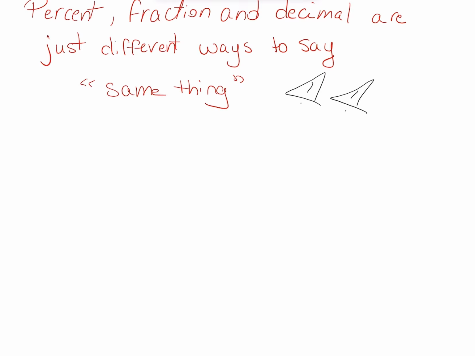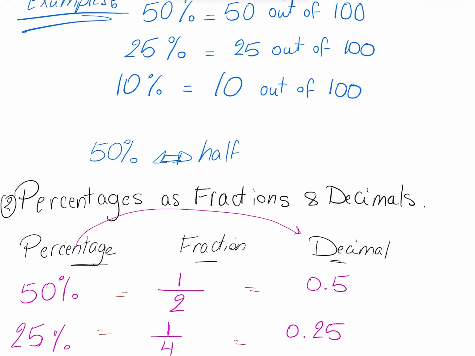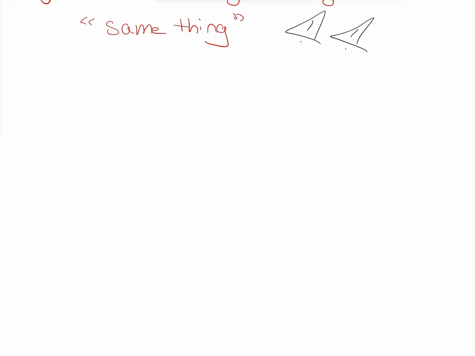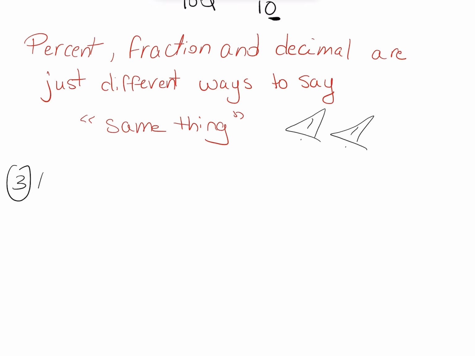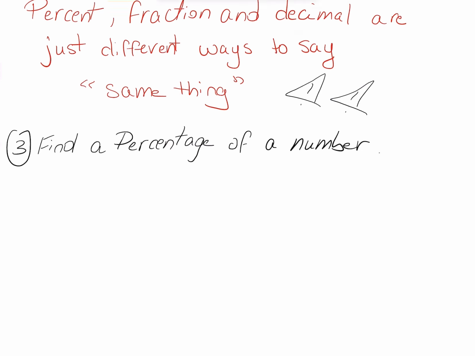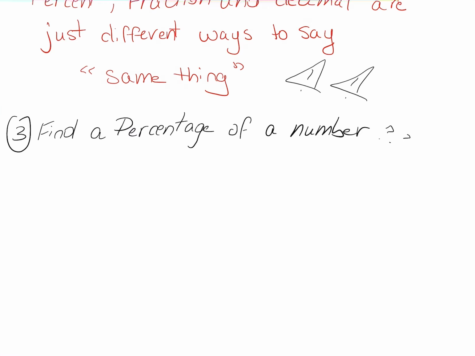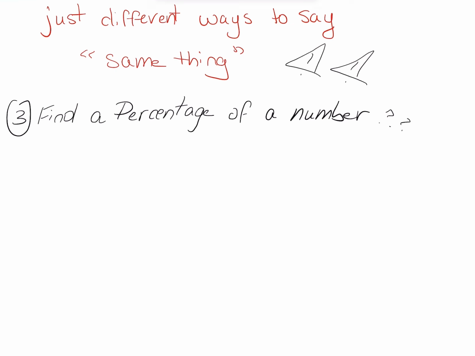Let's look at number 3. We're focusing on how to find a percentage of a number. How to find the percentage out of a number. A golden rule. All right, listen carefully.